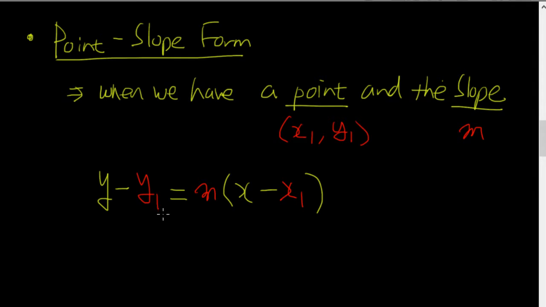So this x1, y1, and m are going to be actual numbers at the end. And this x and y are not going to be replaced. These are just a fixed x and y, right?